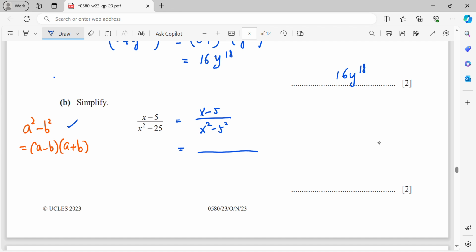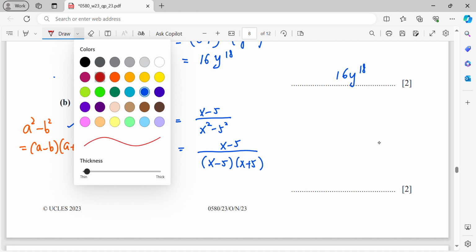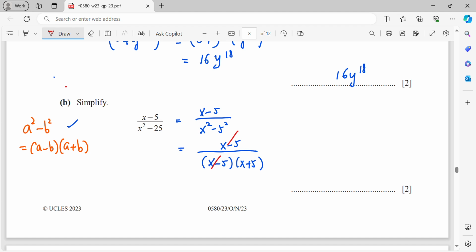I will split the denominator into two factors, x minus 5 and x plus 5. My numerator remains as x minus 5. Then you can cancel off x minus 5, and at last you will be getting 1 over x plus 5. So that is your solution of this question.